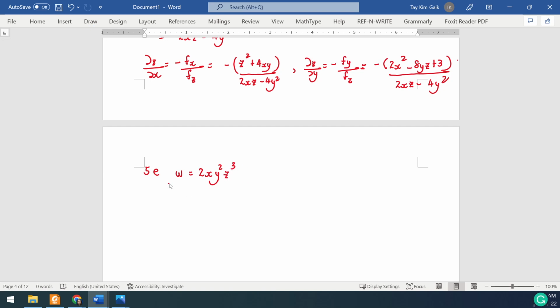Okay, we do one more time. ∂w/∂x: you should get 2y squared z cubed. ∂w/∂y: should get 4xyz cubed. ∂w/∂z: you should have 6xy squared z squared.